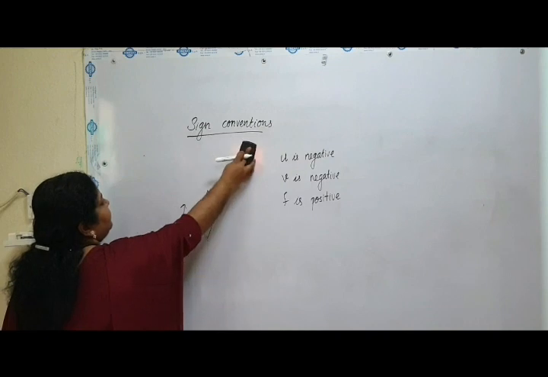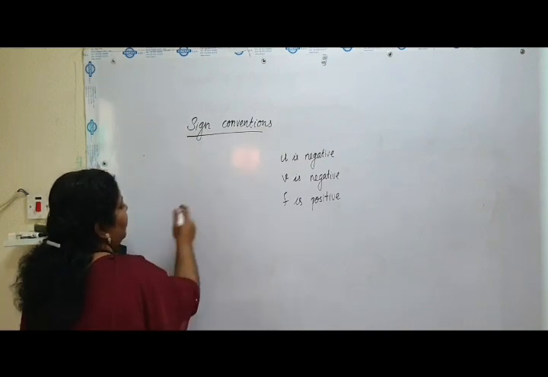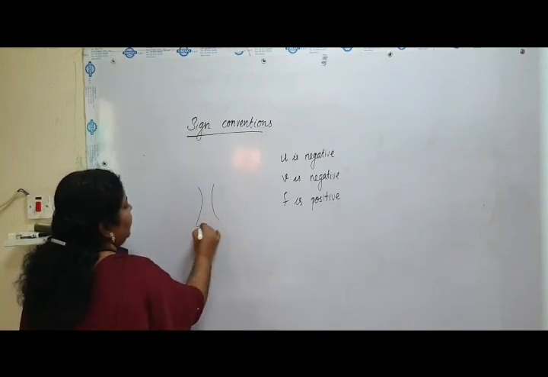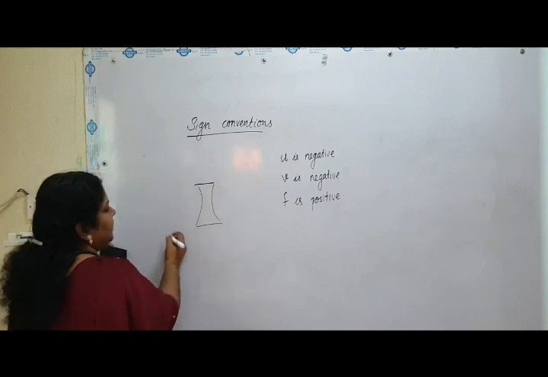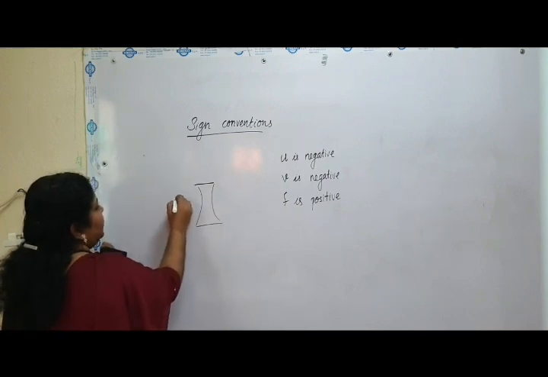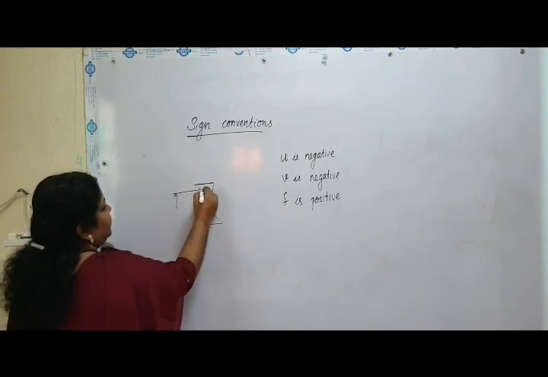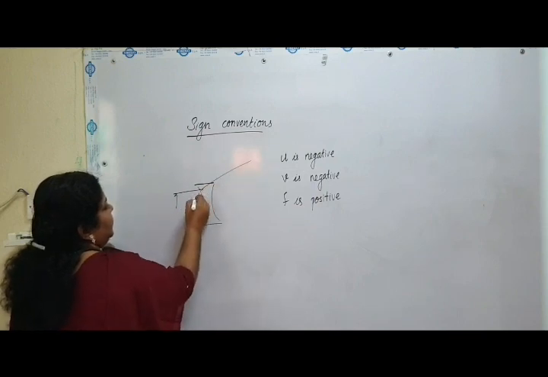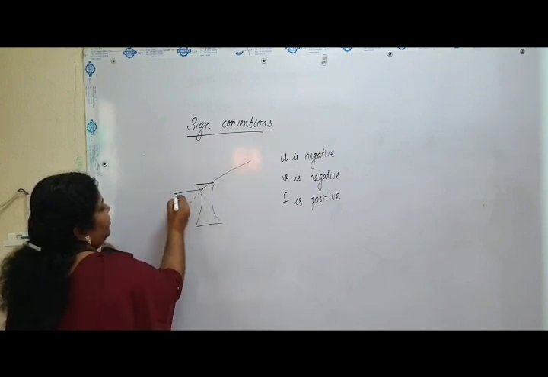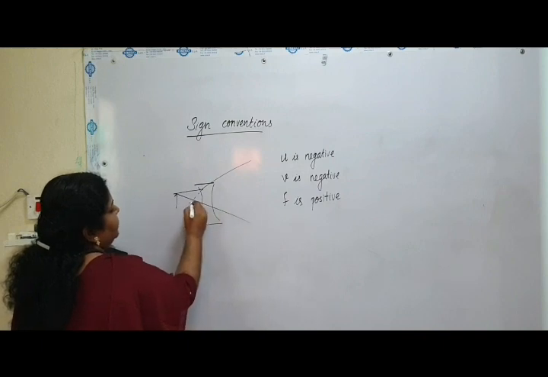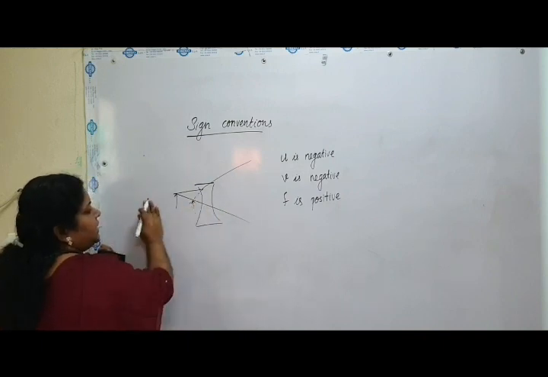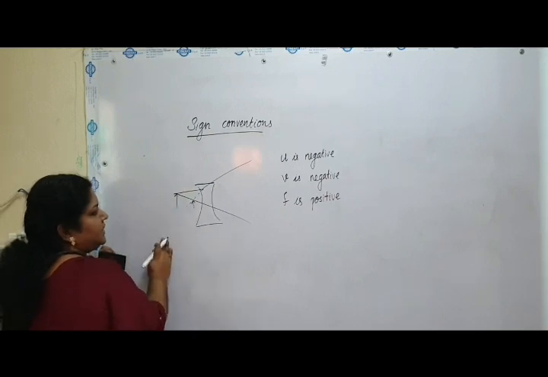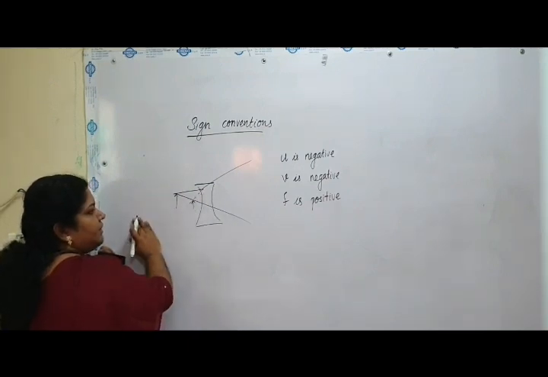Now we will see sign convention for a concave lens. For a concave lens, I hope you remember the diagram. We have kept the lens here. We have kept an object here. So it is diverging. It appears to come from focus. Another type of ray which is going here. So here is the image formed. So object is towards left. So U is negative. V is towards left.